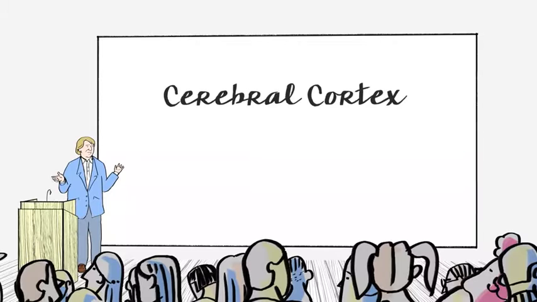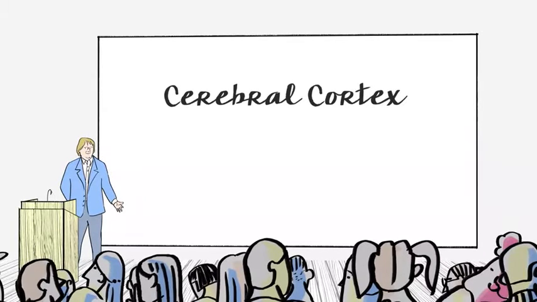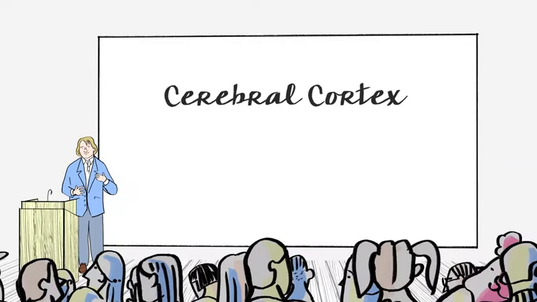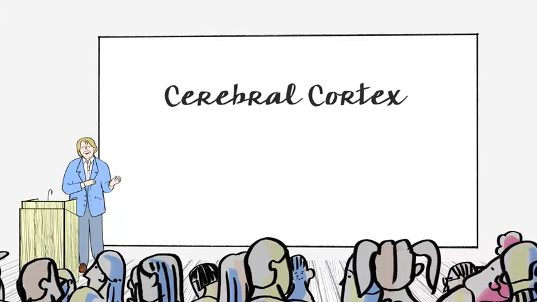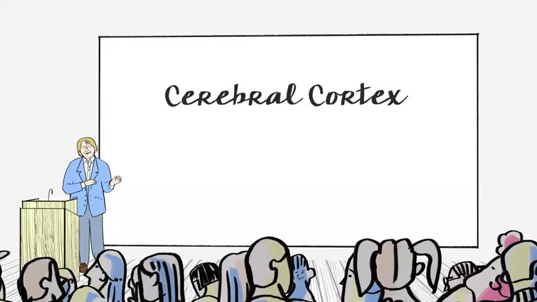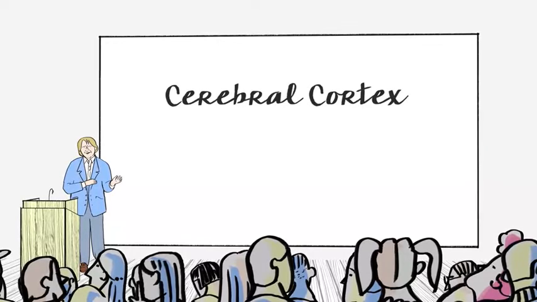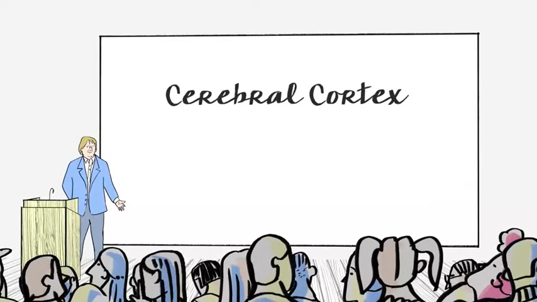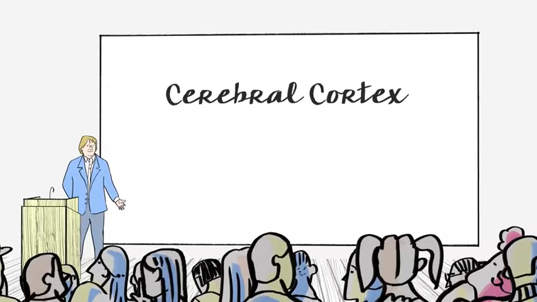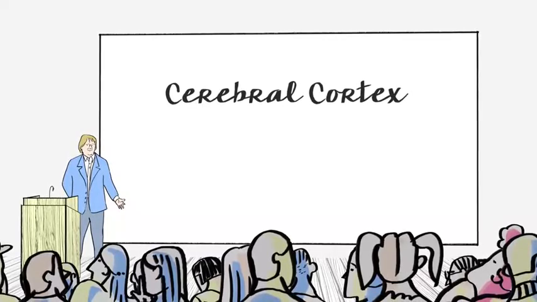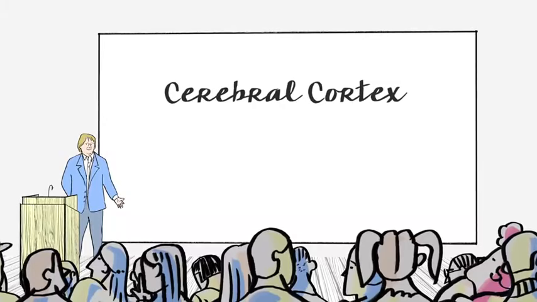We can also look at so-called natural experiments, when people have tumors or strokes or motorcycle accidents and damage part of their brain, and we can ask the question, what damage to which parts of the brain correspond to damage to which functions? Through these different methods, we've learned about the different parts of the brain and what they do.